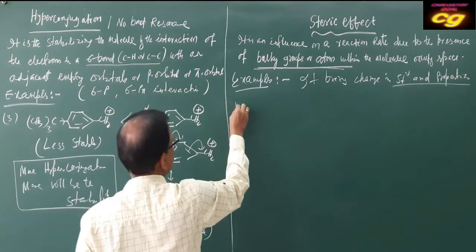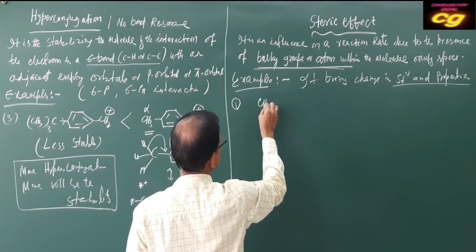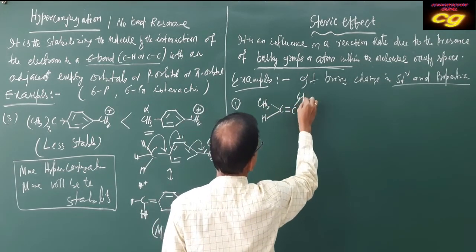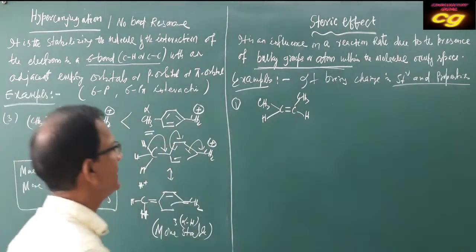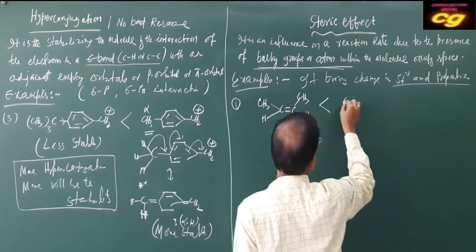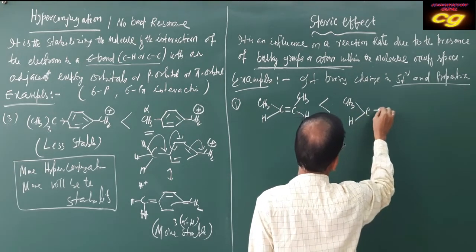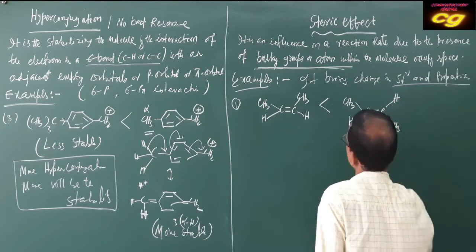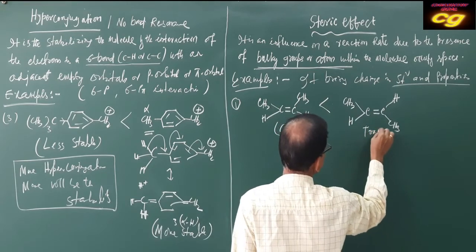For the first application, we can discuss that this alkene is less reactive than the trans. This is called cis and this is called trans.